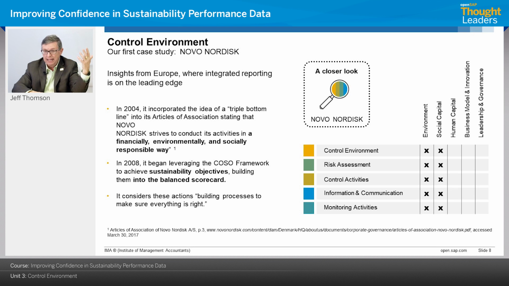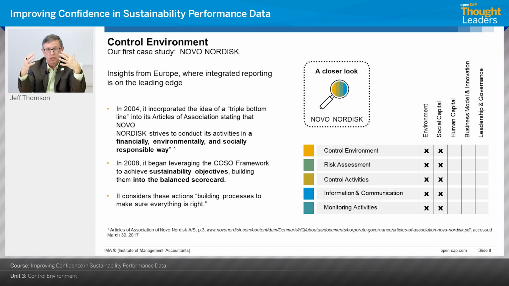In 2008, it actually leveraged the COSO internal controls framework to take the balanced scorecard and integrate sustainability objectives. The balanced scorecard is very much like the sustainability information we've talked about. It says there's more to business value generation than financial. There's customer, there's operations, there's innovation.